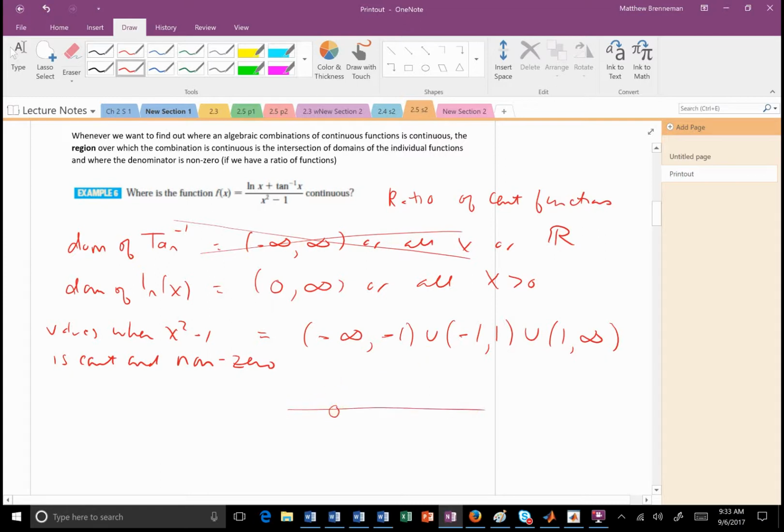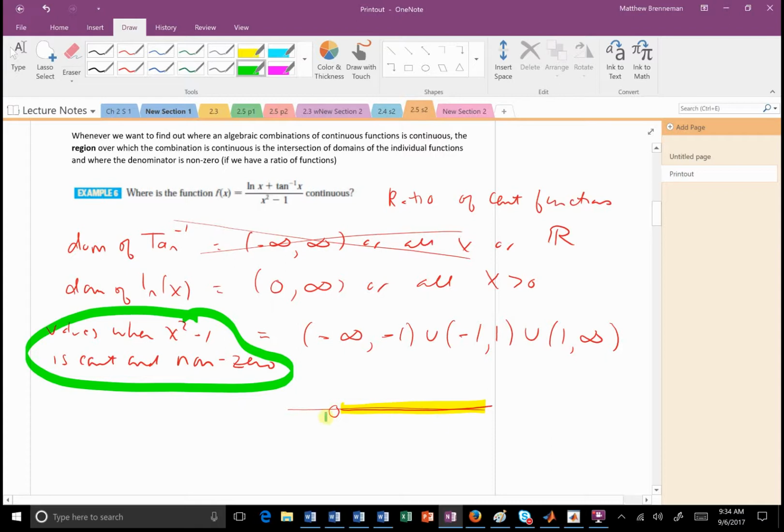So if we draw this, natural log's continuous here. And then if I look on the rest of that interval, if I now look at this function and I ask where in the positive values of x is it continuous, it's everywhere except positive 1.